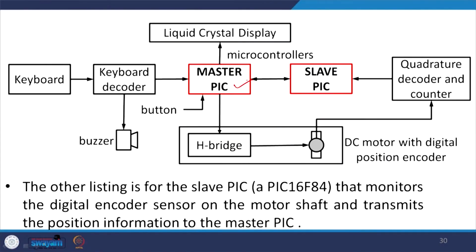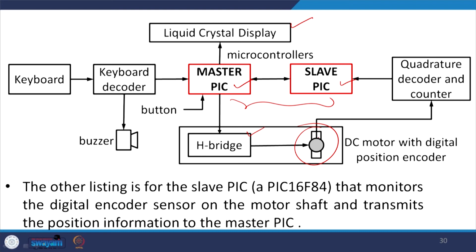So, here basically you can see that you have a master PIC, you have a slave PIC, and we can have an LCD display over here. These are the microcontrollers, and I have a DC motor here whose position and speed I want to control. The input for this is through an H bridge, which I have talked about a lot when I was discussing actuators.